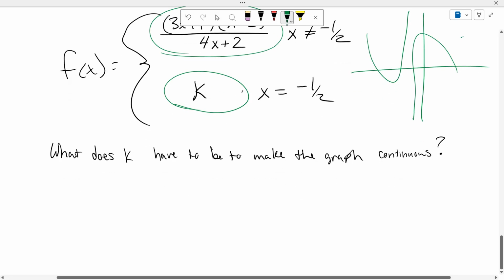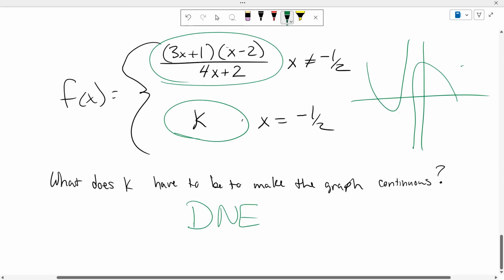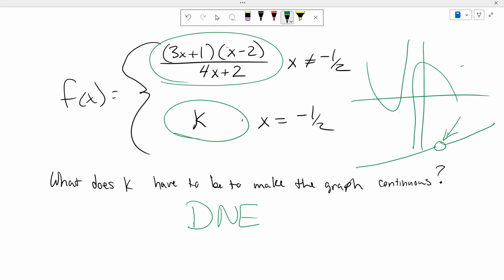The answer is none. There is no value of k that would make that continuous. Okay? There's no value of k that would make that continuous. Now, if the graph was like this and had a hole in it, then you would use what makes the hole.